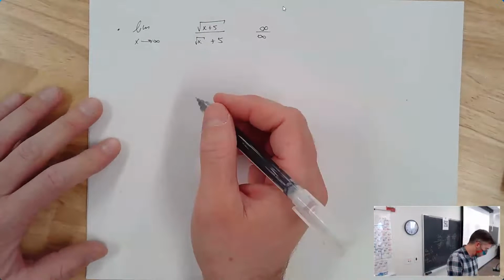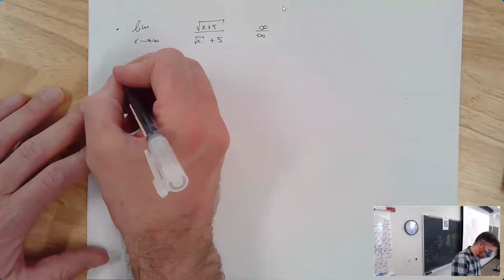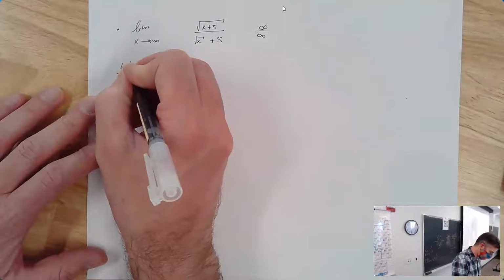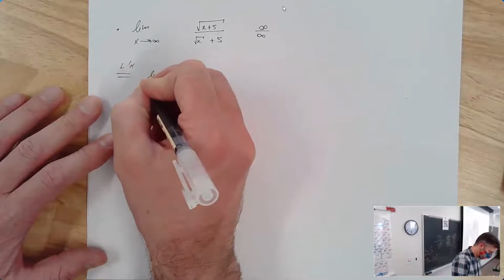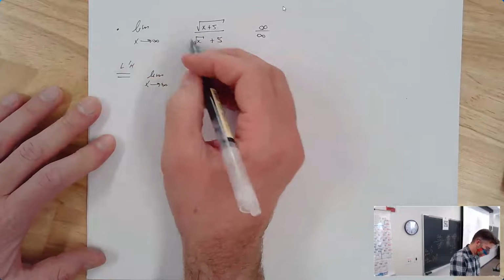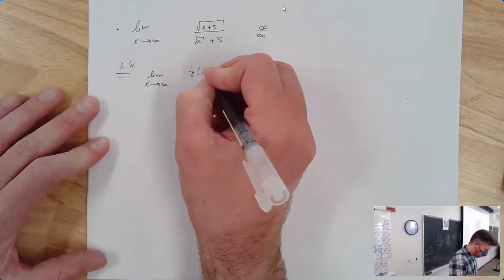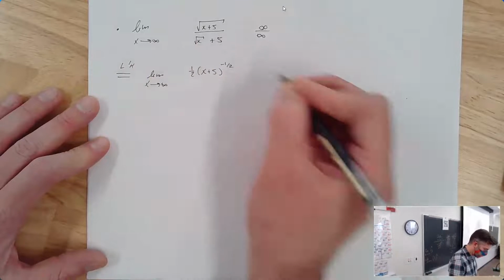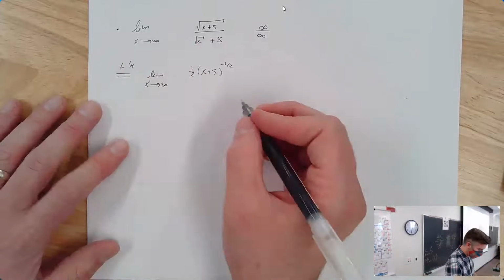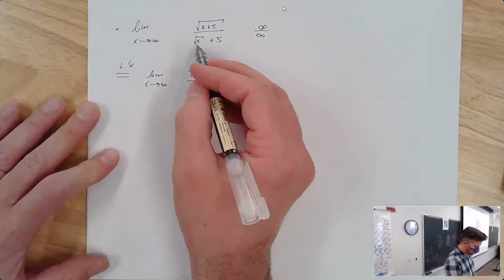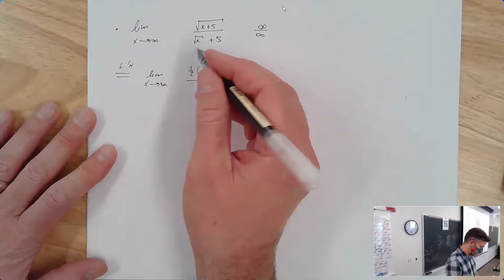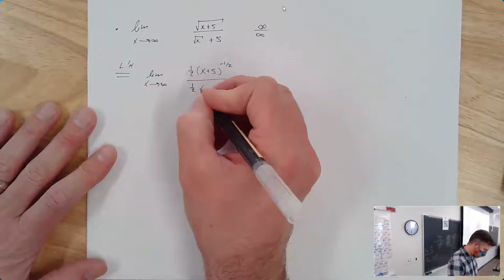Let's see what happens. I might write these as 1/2 powers instead. The derivative of x plus 5 to the 1/2 is 1/2 times x plus 5 to the negative 1/2, over the derivative of x to the 1/2, which is 1/2 x to the negative 1/2.